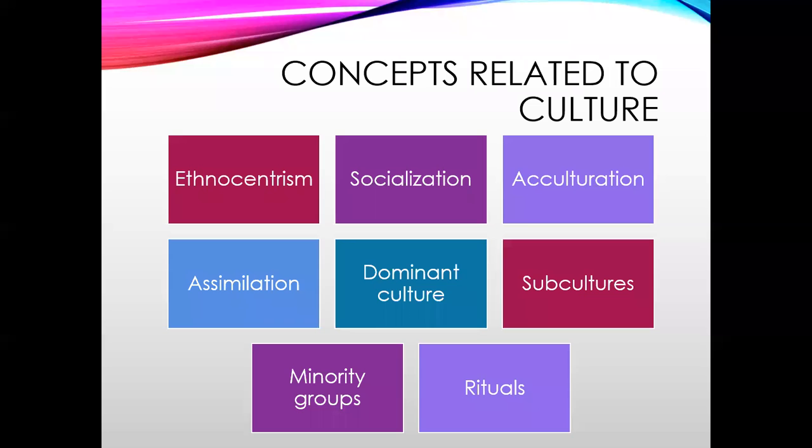So what's a dominant culture? Your dominant culture is a group that has most authority or power to control the values and reward or even punish behaviors. It's usually, but not always, the largest group in a particular area. Then we have subcultures. So subcultures are groups within a larger culture or social system.